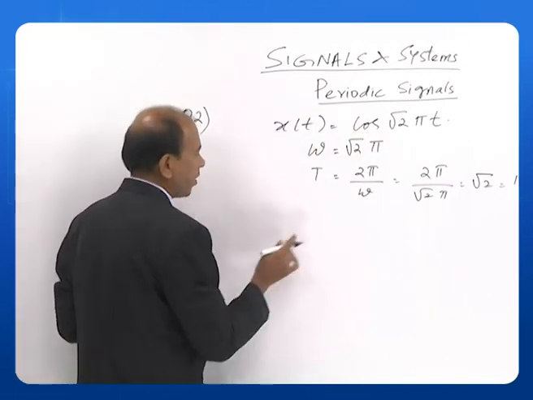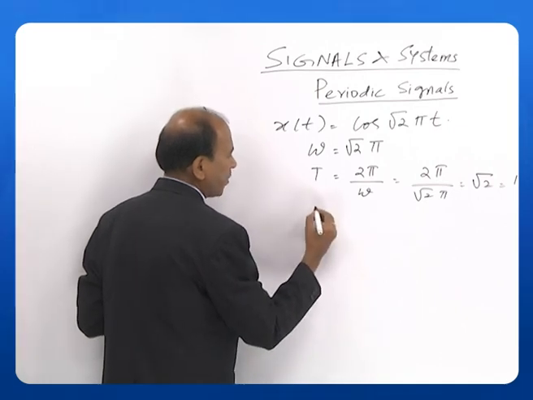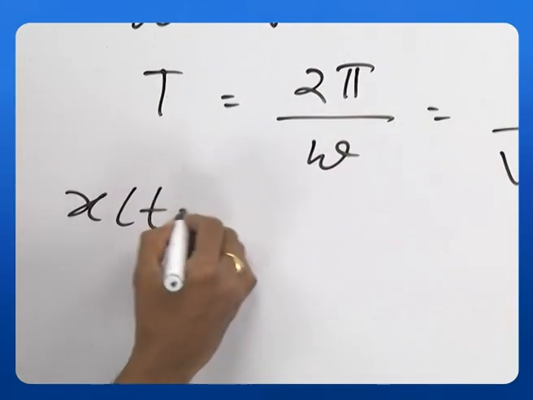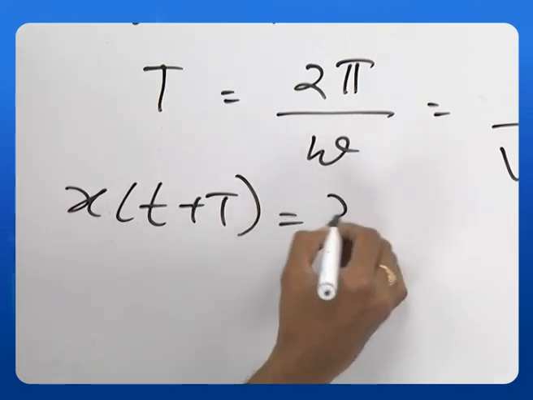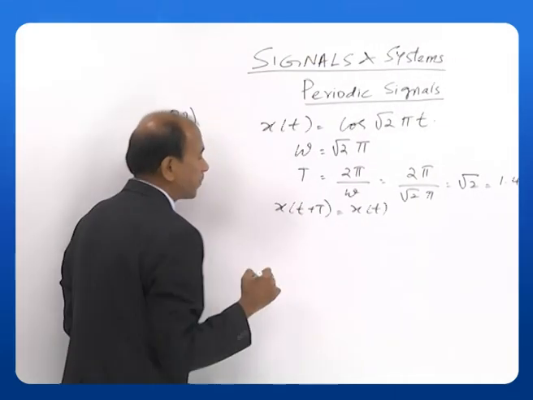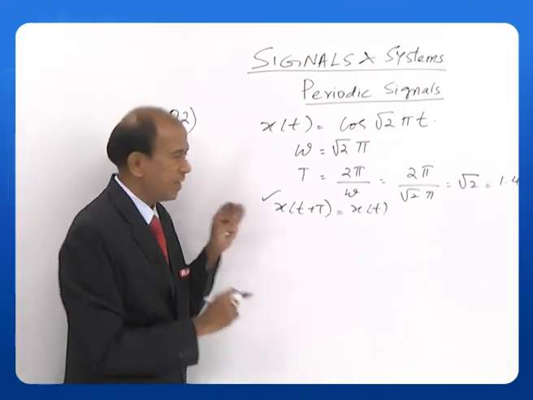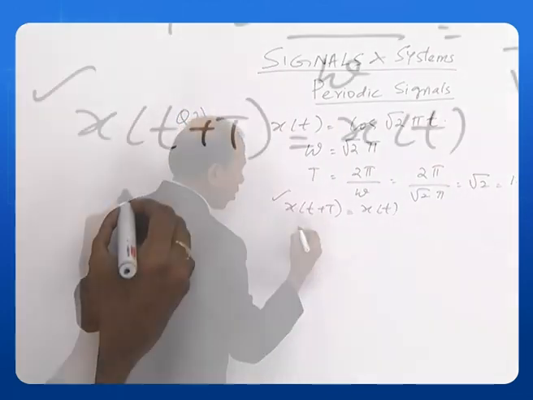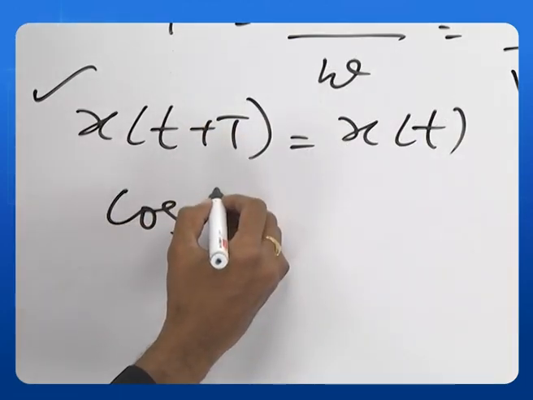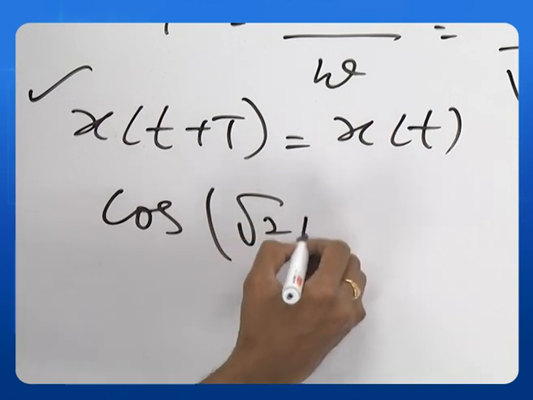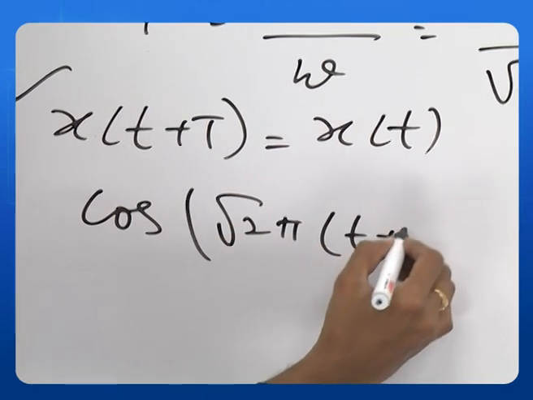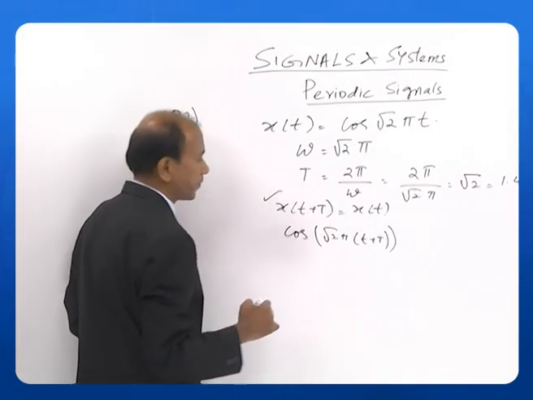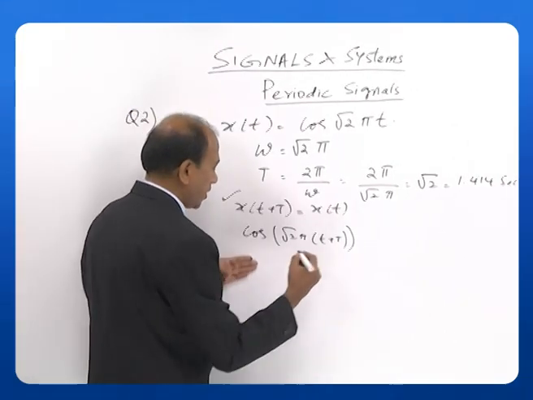Now, what is the condition for periodicity? The condition for periodicity says x of t plus T must be equal to x of t. Let us calculate x of t plus T here. So, how much is that? That is equal to cos of root 2 pi into t plus T. So, this is equal to how much?